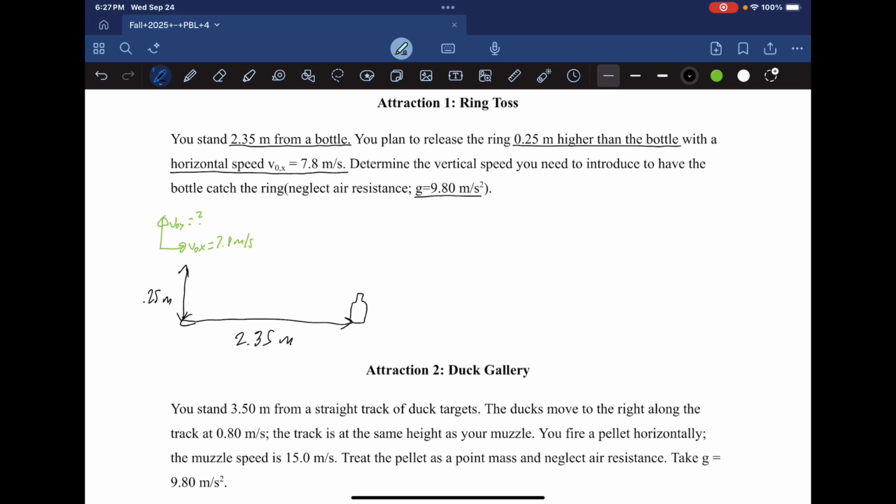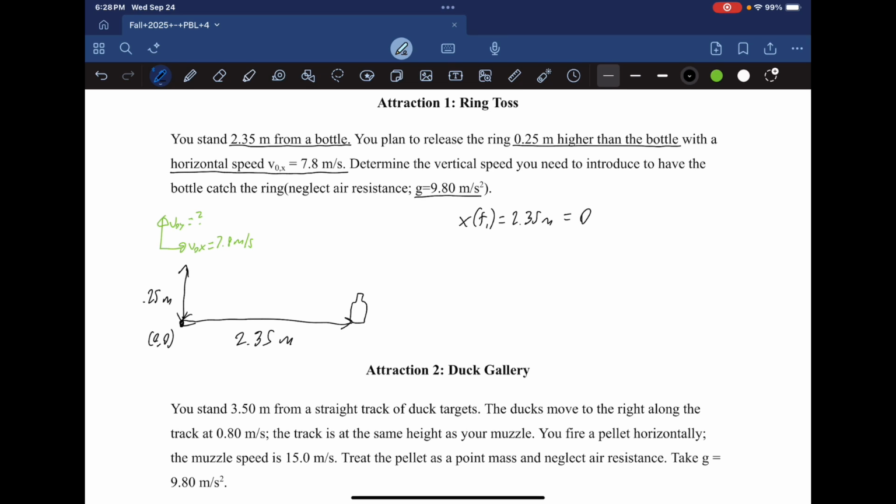So the first thing we need to determine is how long this system takes. Since we have the x position, the final and the initial, we can use the x of t equation to do that. So we can say that x of t1 equals 2.35 meters. So we know it's going to travel this 2.35 meters, and that's going to equal x naught plus 7.8 t plus 0 for the acceleration part. I'm going to set this as the origin, so this is 0, 0.